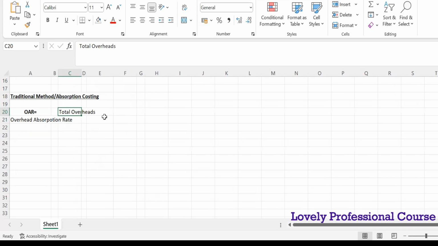If it is electricity, add it with, let's say, indirect labor, add it with inspection cost, all the overheads. Total them, and once you total them, divide by the total number of labor hours.